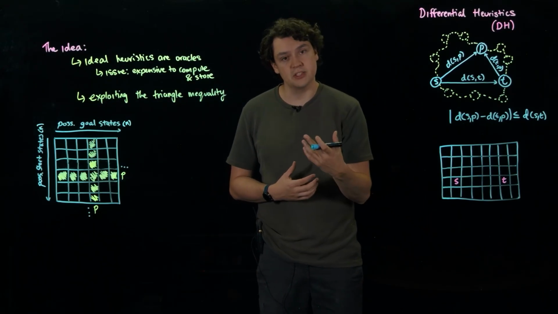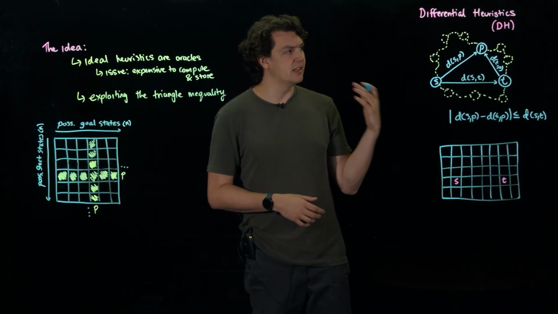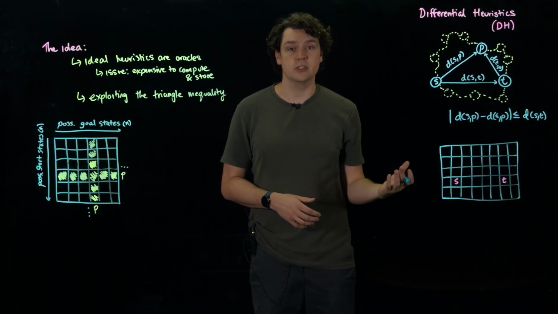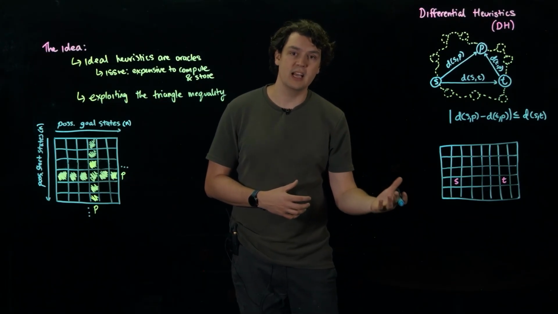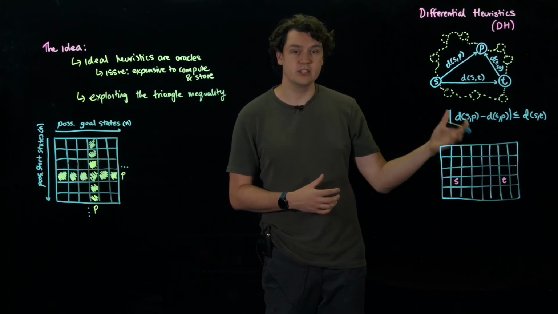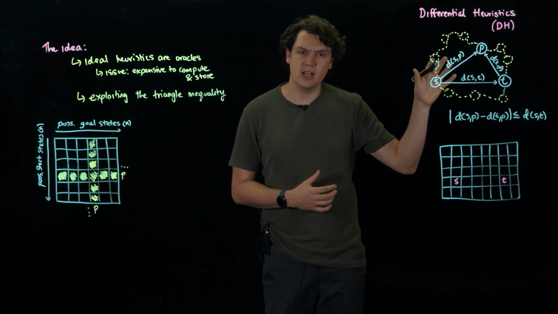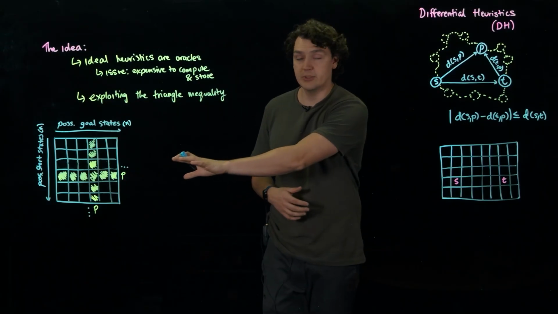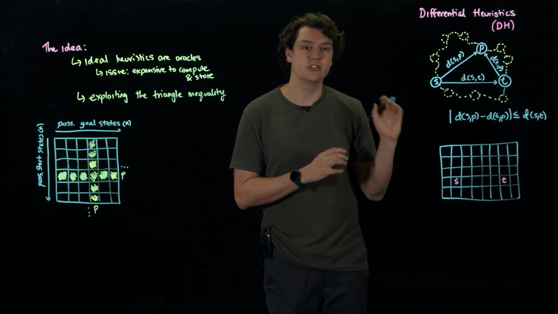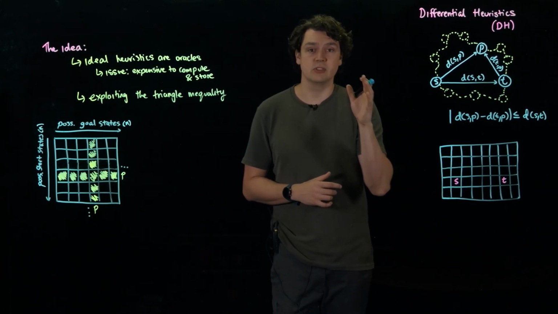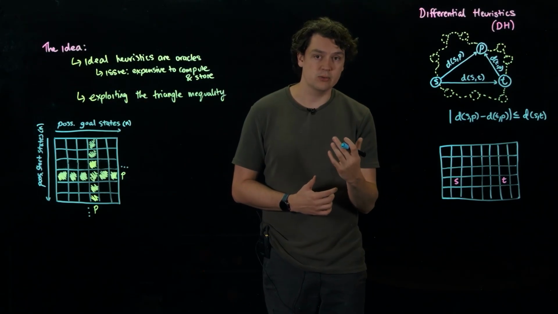You just replace the problem with a retrieval problem instead. With differential heuristics, we're still performing search. We're still using our common A-star behaviors. It's just that we have this heuristic estimate that we get from this triangle inequality. We haven't yet discussed how we're going to choose pivots, and some other details that I want to leave out for just now. But why is this concept going to be so powerful?